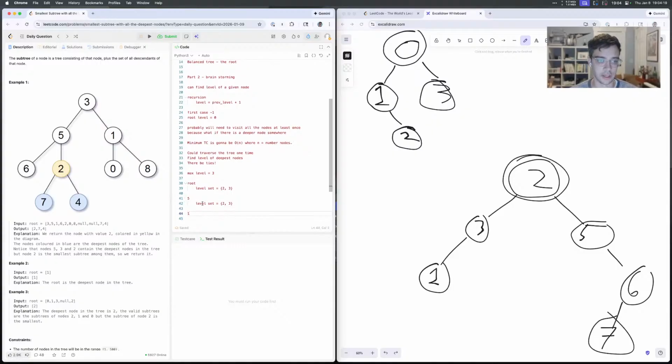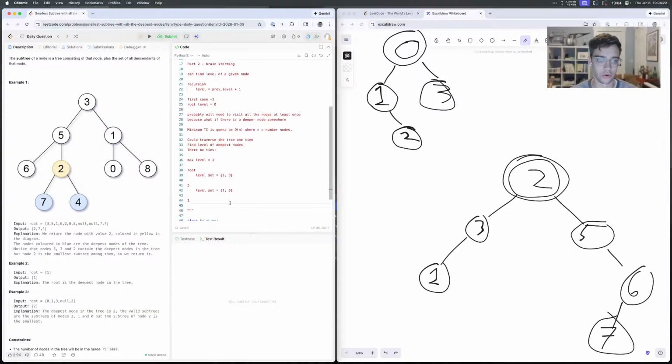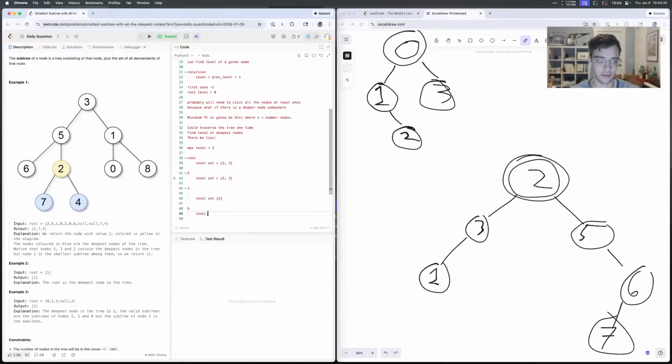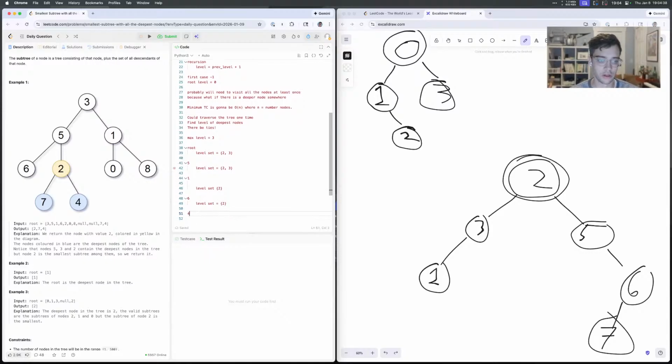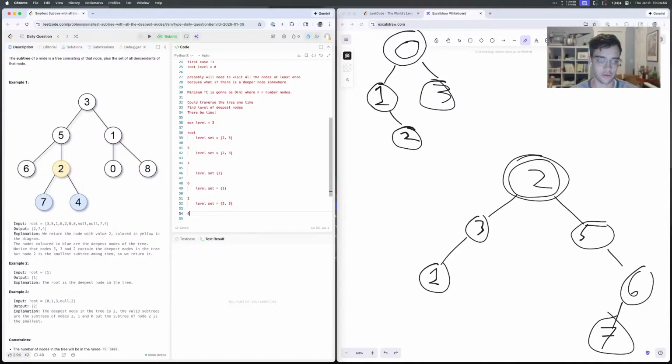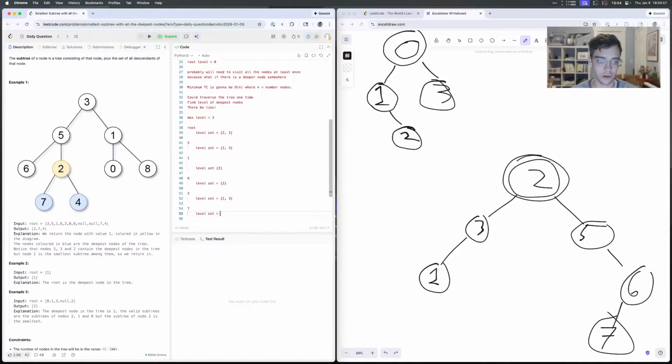Well, this one's level set here is just 2, and this is its descendants, 2. This 6's level set is just itself, level set equals 2. This 2's level set equals 0, 1, 2, 3, 7. I'm still not sure this is what I need to do.